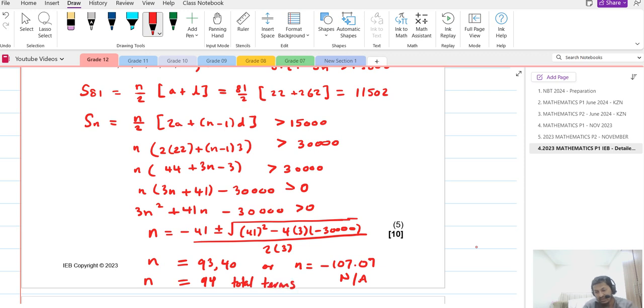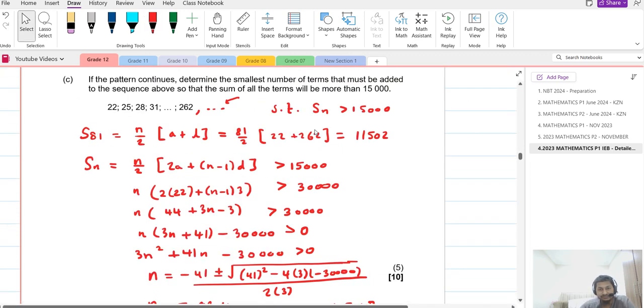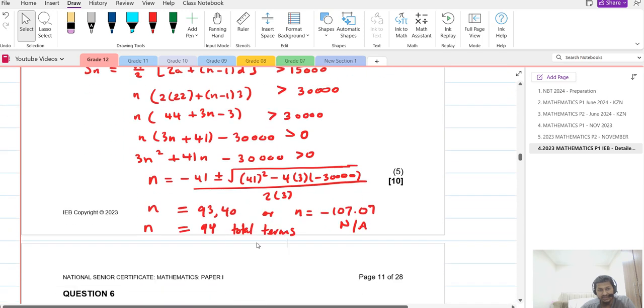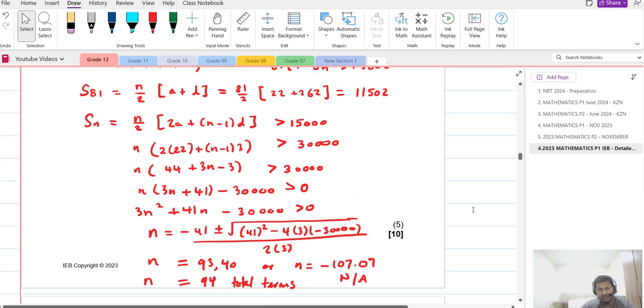But now remember, you already had 11,502. There was no need to do that. So we already have 81 terms here. So how many terms must be added? The number of terms to be added is 94 minus 81.